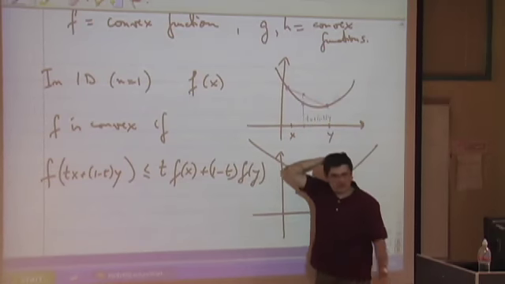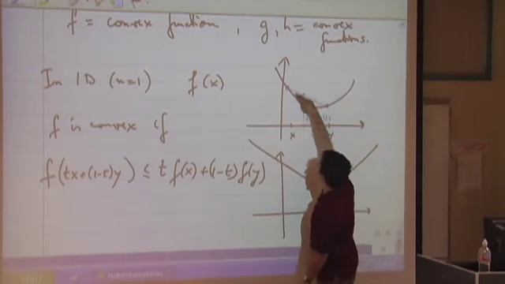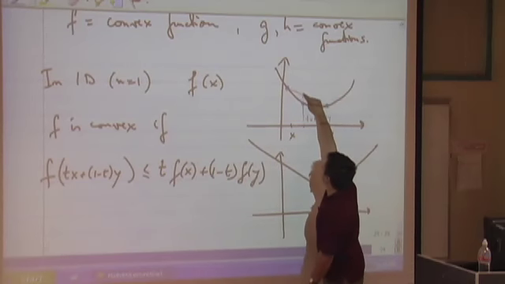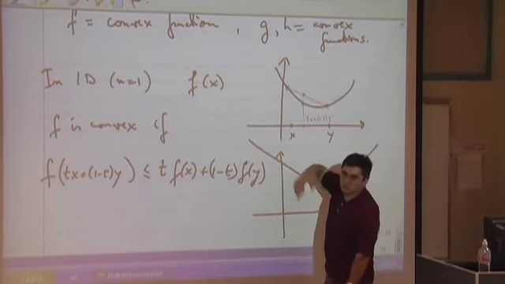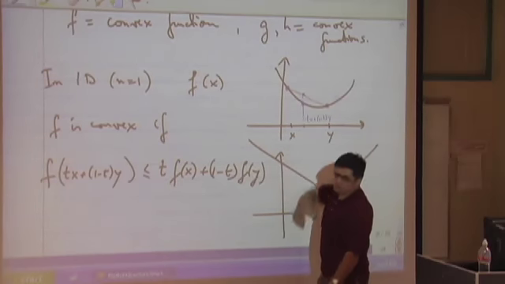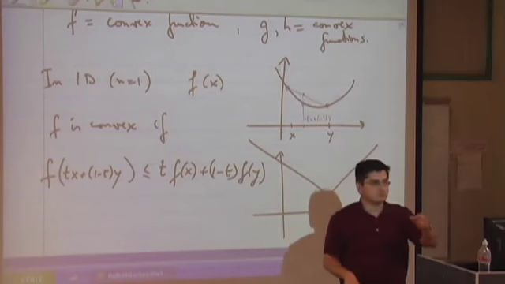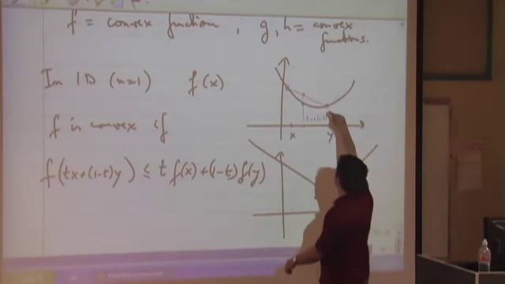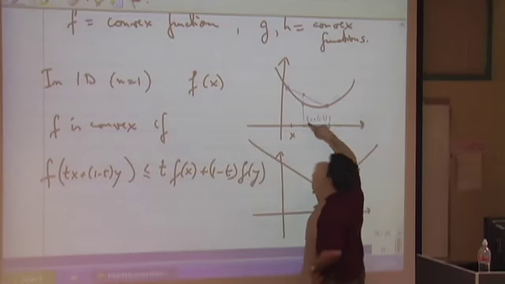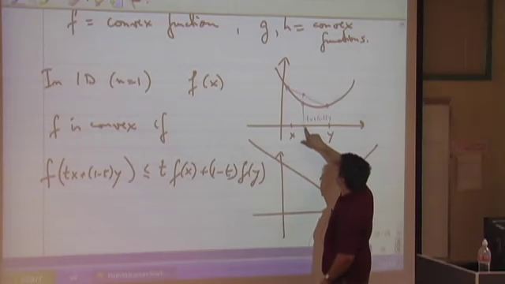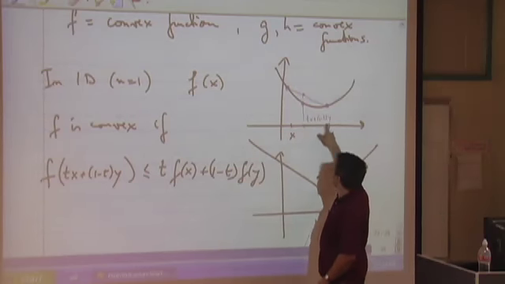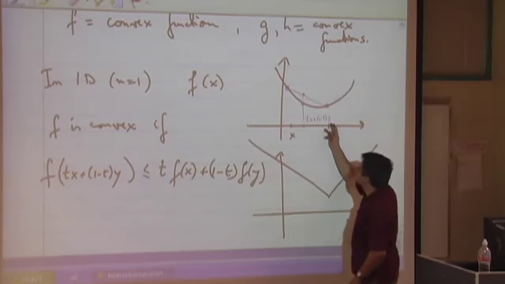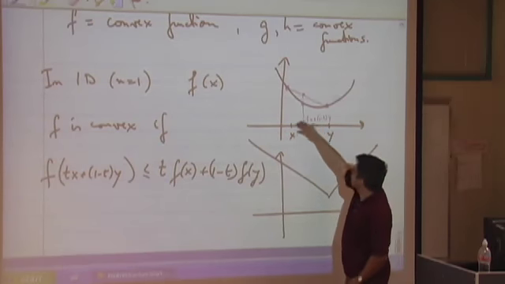Okay? I think you do this in calculus 3. You take two points in the plane or in space, and then you compute the coordinates of an intermediate point, basically the equation of the line connecting these two points. What is that? Well, it's going to be a combination of the coordinates.